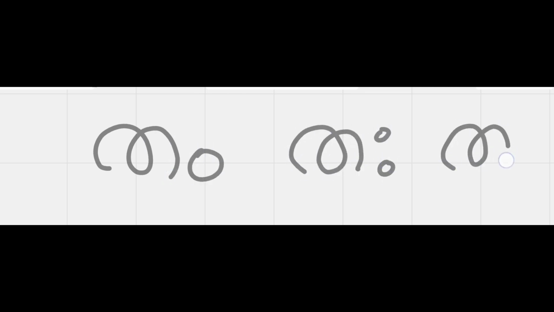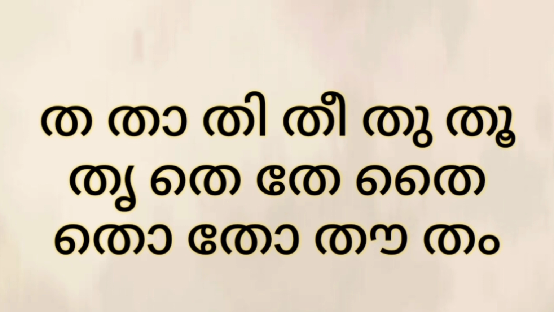Ta with the half moon symbol. T. So Ta with the symbols. Ta, Ti, Tu, Tr, Te, Tai, To, Tau, Tam.